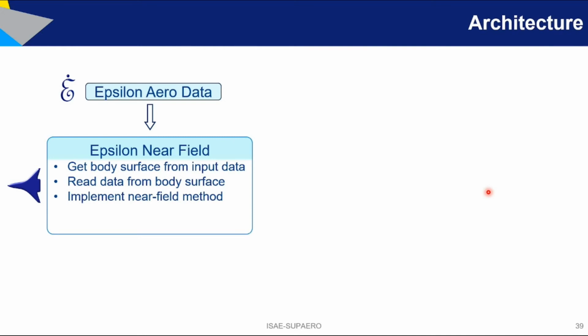Once you have generated the Python variables with static pressure, vorticity, and so on, you can go ahead and compute the near field method. Basically, it computes the pressure and the friction forces acting at each cell of the surface. Please note that I'm talking about cell. Afterwards, in the practical session, I will show you that Epsilon aerodata generates point-based values.